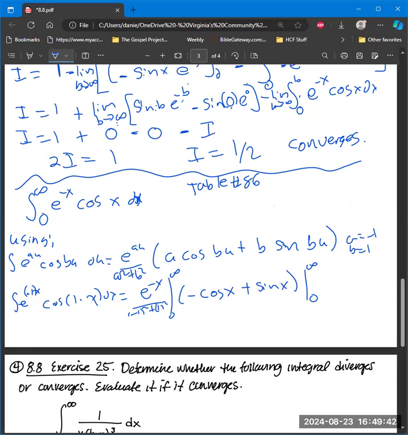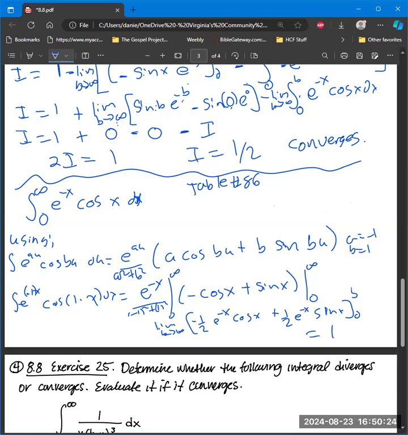And that would give me -1/2 e to the negative x cosine of x plus 1/2 e to the negative x sine x, the limit as b goes to infinity, from 0 to b, and then you can evaluate that, and like we did up here, it comes to the same point.